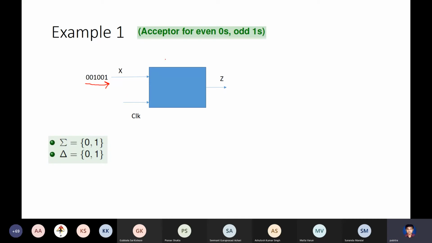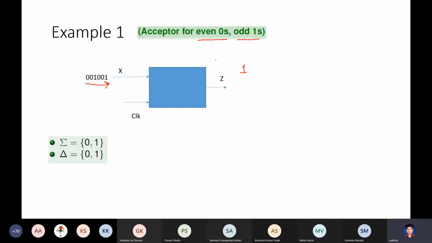Of course, it has a clock also, and it produces an output which is 1 if it has already seen an even number of zeros and an odd number of ones. In all other cases, the output is 0.